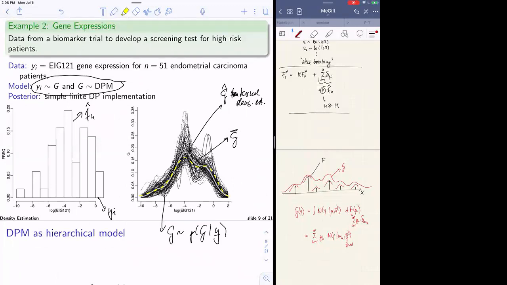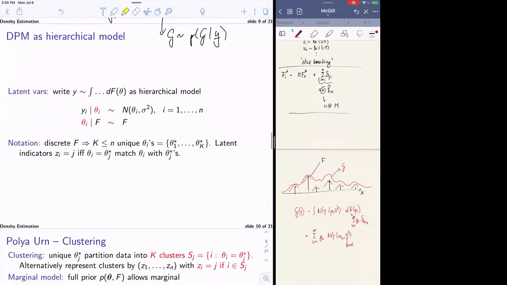So, same thing, more formally said. To talk about posterior inference, what you can see here again is the Dirichlet process mixture model, DPM. Sorry, it's just sloppily stating the Dirichlet process mixture model.